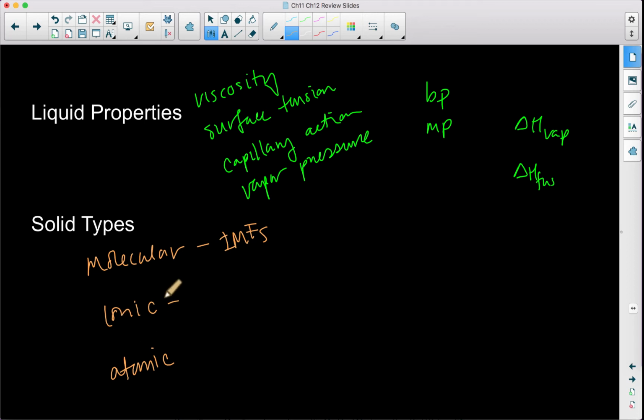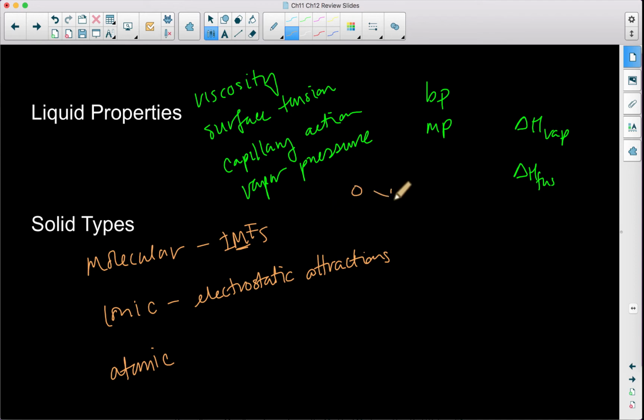Ionic compounds are clearly ionic. I don't know how else to say that. And they are held together by, we would say, electrostatic attractions, where we have positive ions attracted to negative ions. And here, technically IMFs apply to molecular compounds, and that's what holds one molecule to its neighbor.